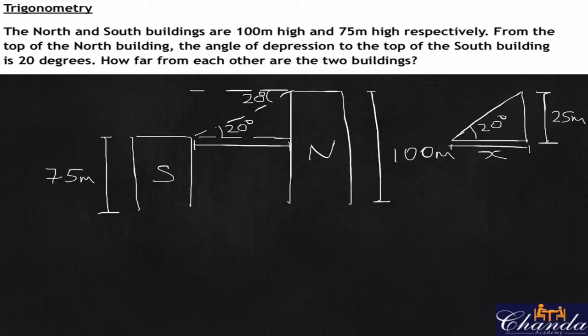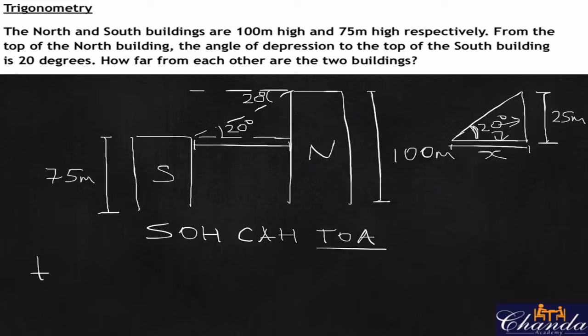Now guys, again, using our SOH CAH TOA concept, let's see what we have to work with. So we have the angle here, we've been given the adjacent side, and we have been given the opposite side. So we are simply going to be having to use the TOA concept.